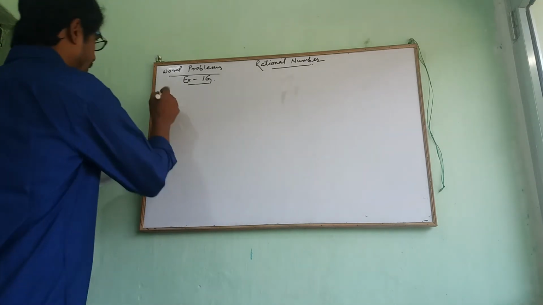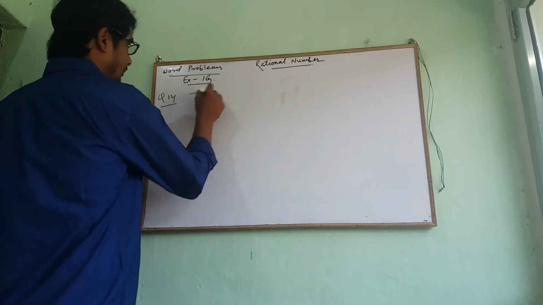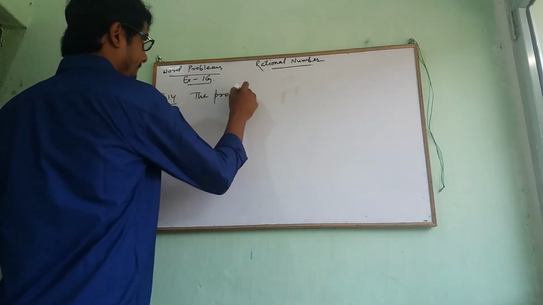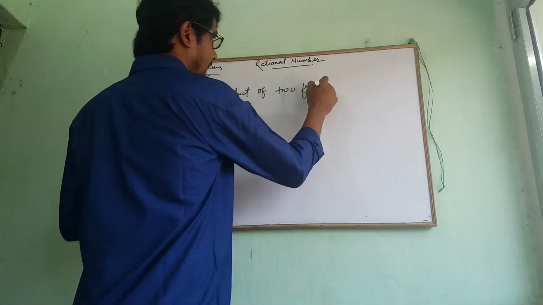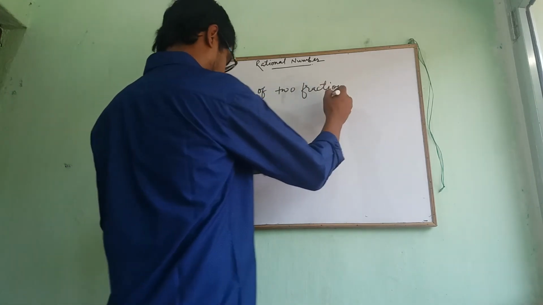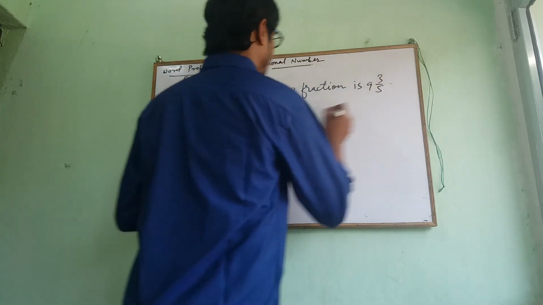Let's solve question number 14. The product of two fractions is 9 whole 3 by 5.